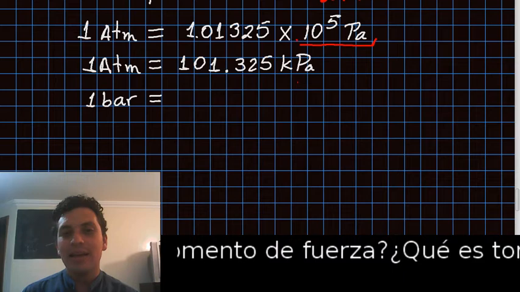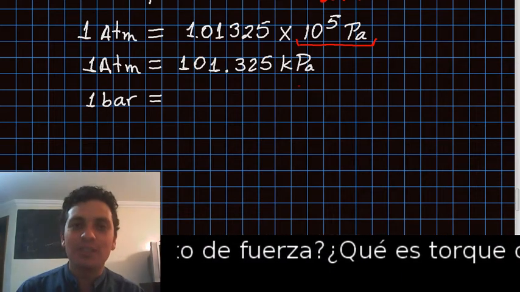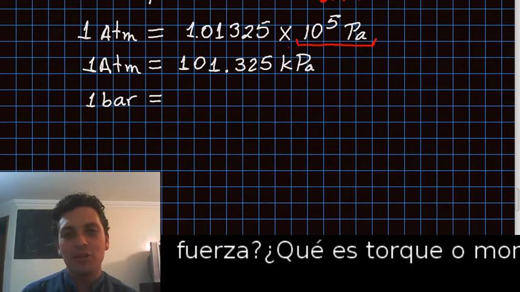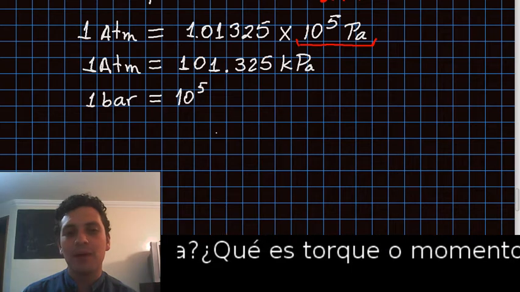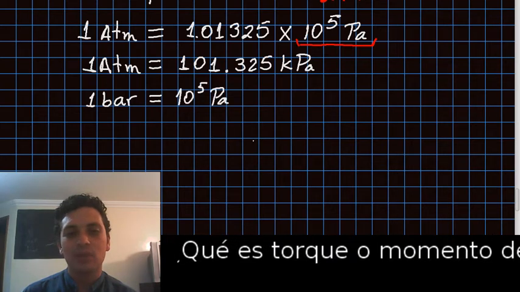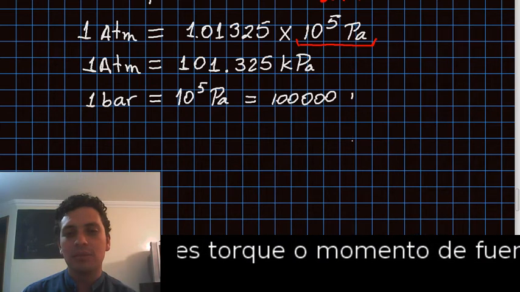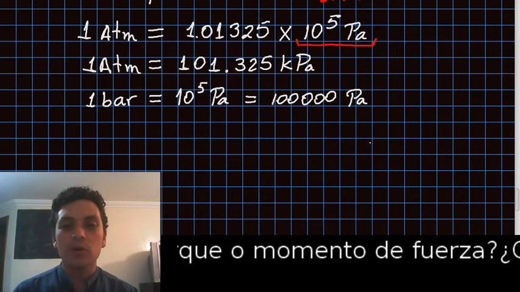It's like atmospheres but rounded to SI units. So the unit conversion will be 10 to the 5th power pascals, or 100,000 pascals.